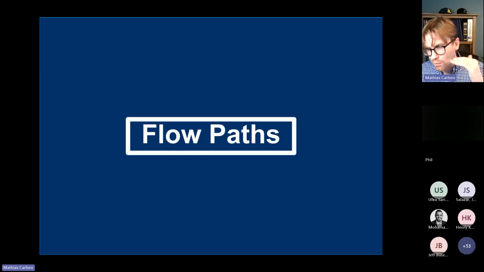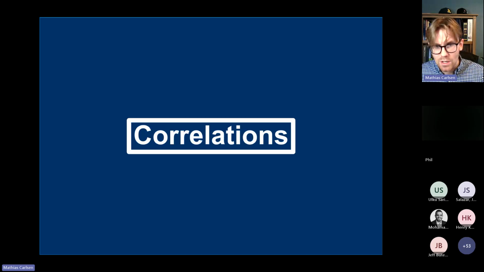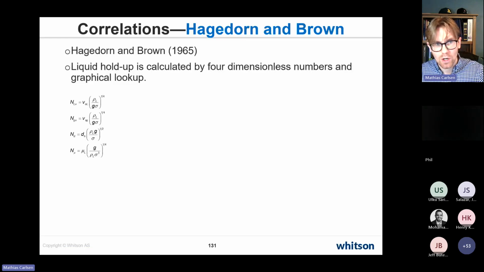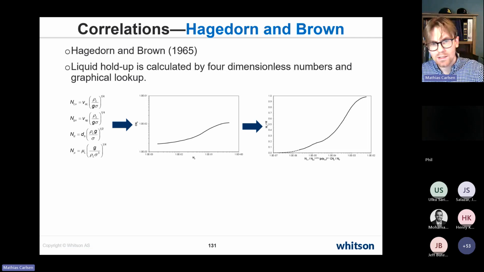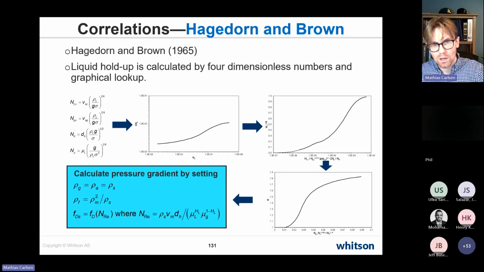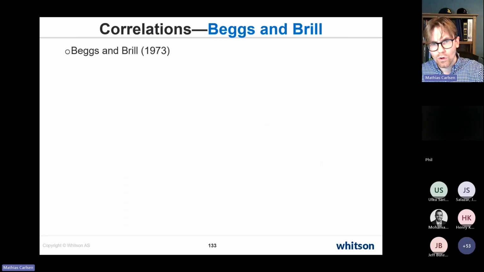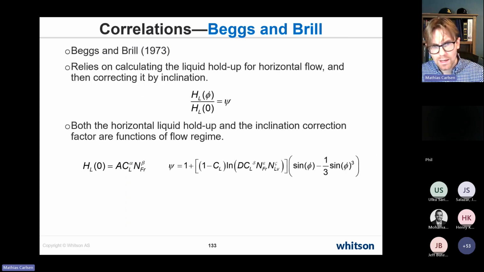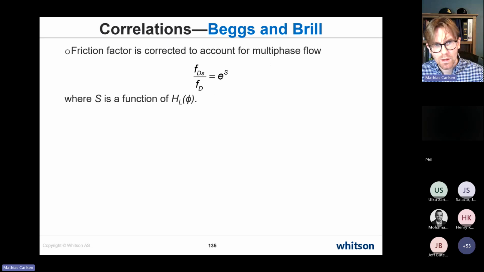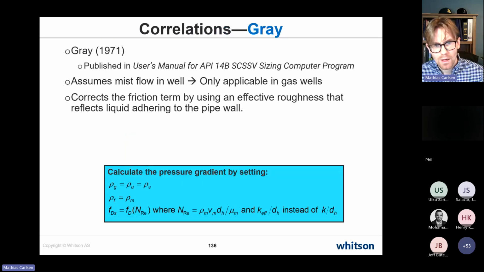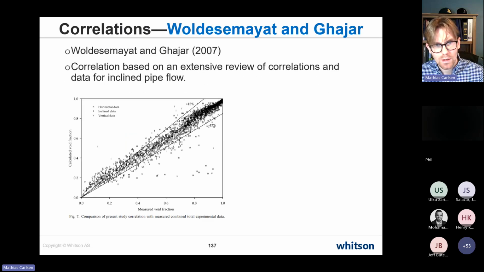Also, in the appendix, if you would like to know exactly the details of the different correlations, there is a correlation piece going through at least the high-level items of Hagedorn and Brown, and also Beggs and Brill, and then Gray, and the last one is the Woldesmayat and Ghajar. It's based on a very extensive review of the correlations and data for inclined pipe flow.